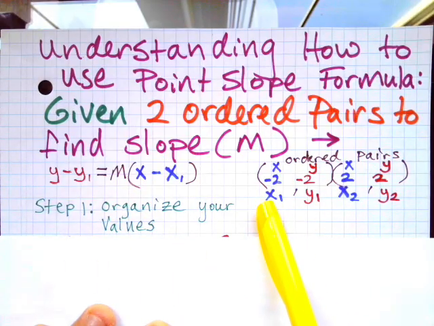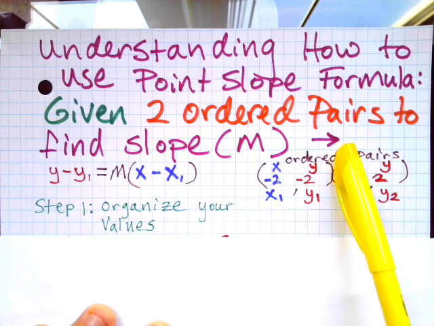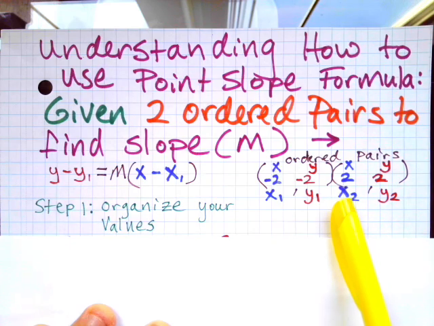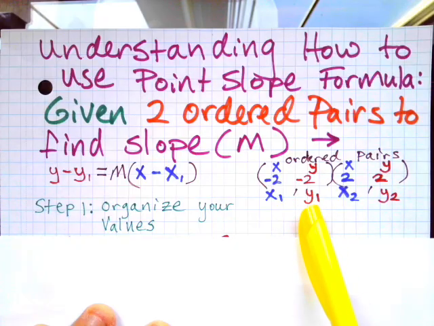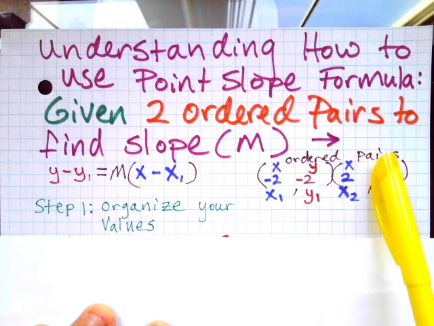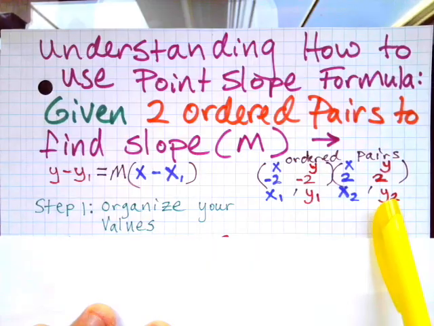So I'm just going to label this x number 1 or x1, which automatically makes my second x x2. And since this is my x1, this has got to be my y1 value. -2 is my y1 value, which automatically makes this one my y2 value of 2.